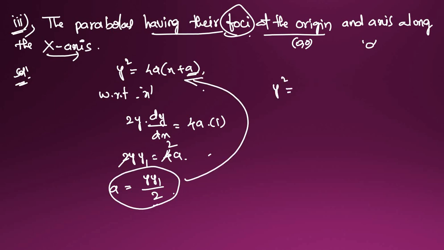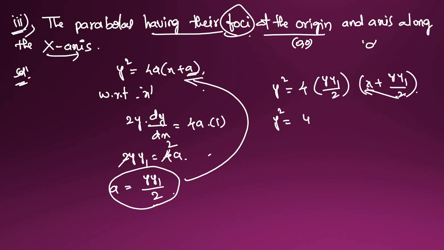So y square is equal to 4 into a, which is y1 divided by 2, into x plus a, so y1 divided by 2 we can substitute here. So y square is equal to 4 into, like this is 2x will come here. So the 2 will get cancelled, so it will become 2.